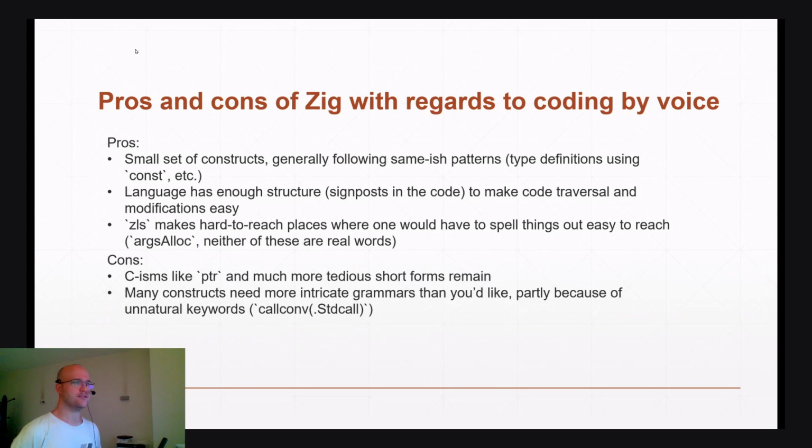Luckily, ZLS actually makes these things much easier. So that's essentially been solved, where ZLS allows you to reach words like args, alloc and so on. These were fairly hard to reach probably before ZLS. This particular one, I don't have any memory of struggling with, but ZLS makes it extremely easy to find this in a list of functions, right?